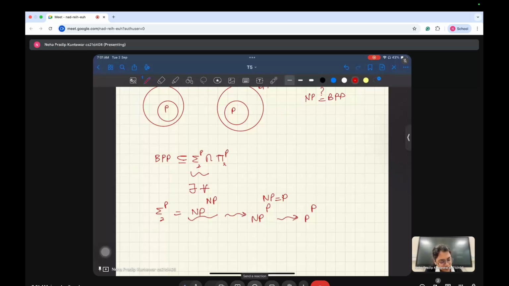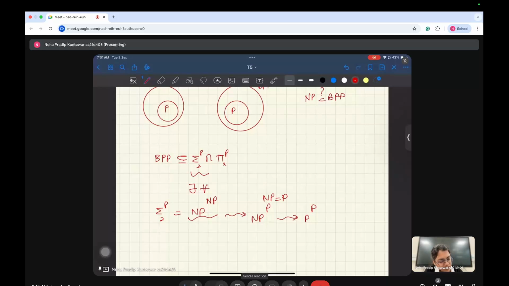Similarly, you can show that pi 2P also collapses to P, therefore BPP is equal to P. So what we have shown is that if NP were equal to P, then BPP would be equal to P.